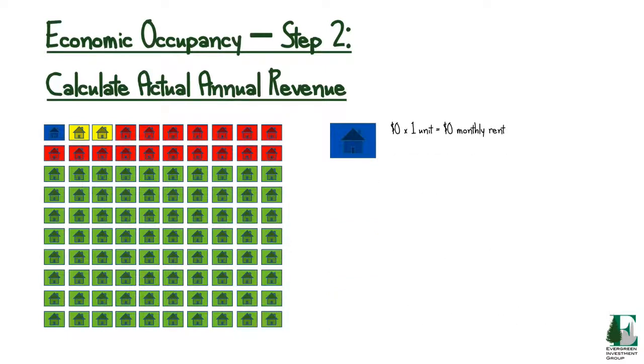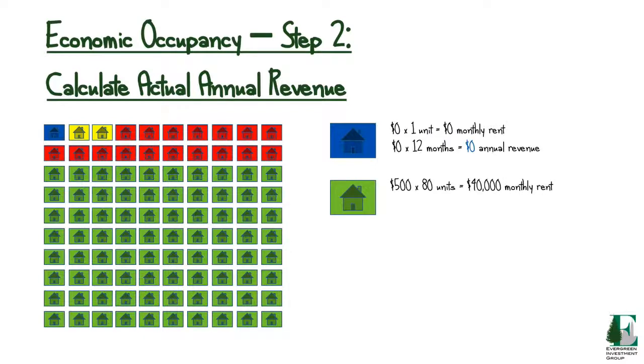So to calculate the actual revenue, we take the $0 a month that the model unit gets, we multiply it by 12 months, that's $0 in annual revenue. Then we take our market rate units. $500 a month times 80 units equals $40,000 a month in rent. $40,000 times 12 months equals $480,000 in annual revenue.